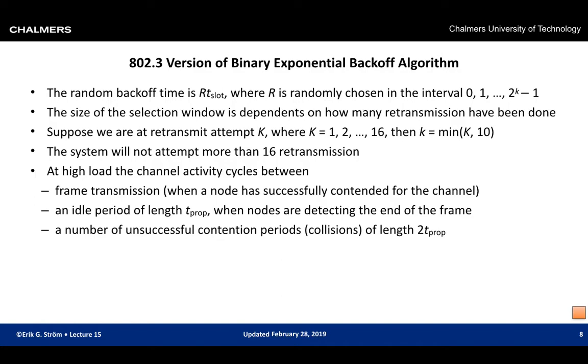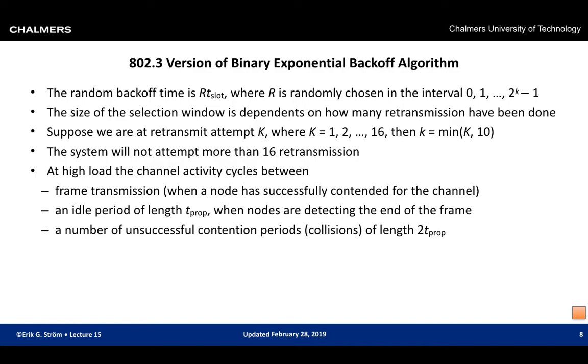So small k here is calculated from capital K, where capital K is the retransmission count. Okay, so either we have our first retransmission, our second retransmission attempt, or the third time we go into backoff, and so forth, right?